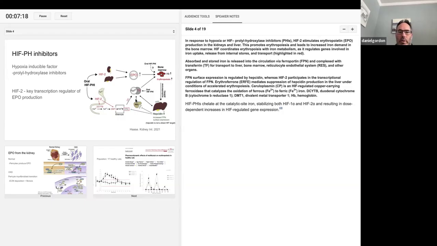Ferroportin is regulated by hepcidin, so in situations where we have too much iron stores, this will be downregulated.